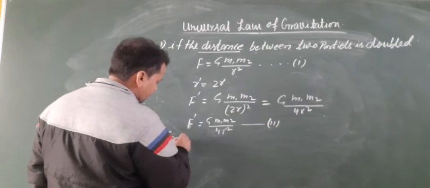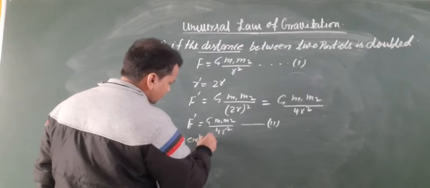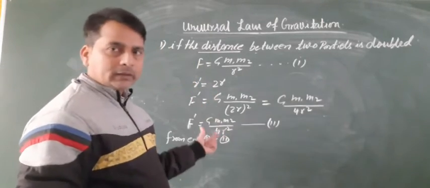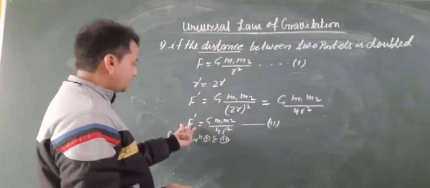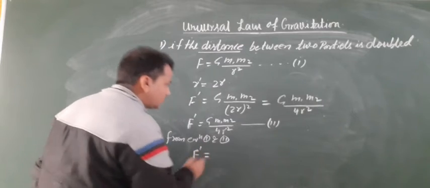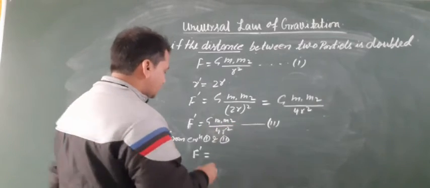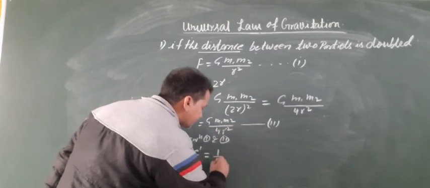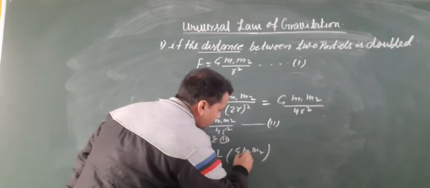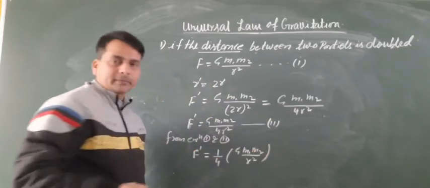Now from equation 1 and 2, the new gravitational force, that is F dash equal to G m1 m2 by 4r square, equal to 1 by 4 G m1 m2 by r square.